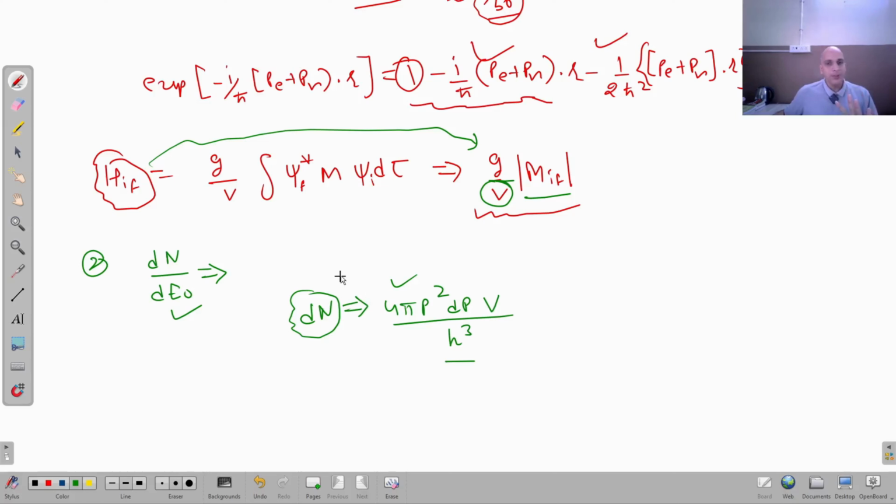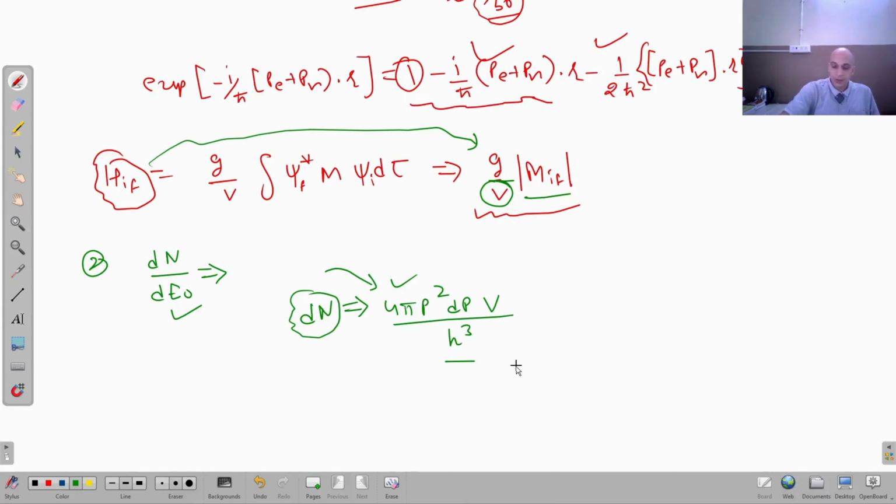Once again, I am repeating that this factor has been taken from quantum statistics, Bose-Einstein or Fermi-Dirac statistics, that you have already learned. The number of states is equal to the total volume available in the phase space divided by the volume of one cell, or one energy state. So dn is equal to 4 pi p square dp upon h cube.